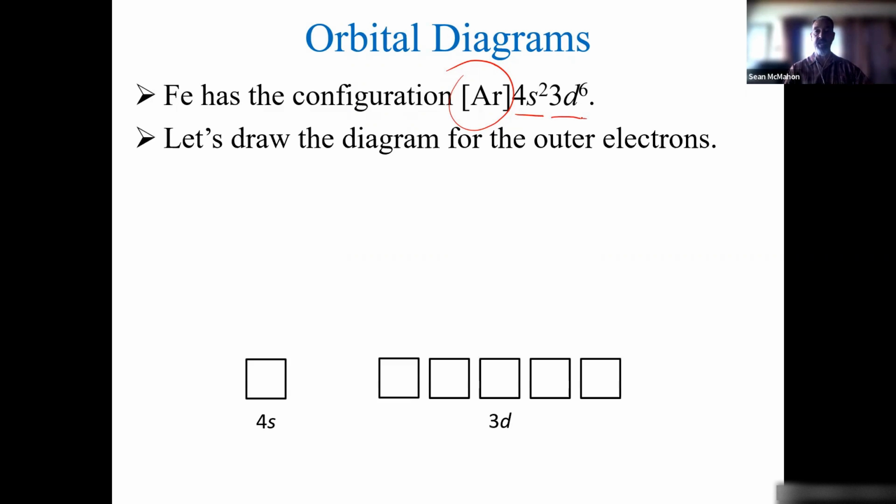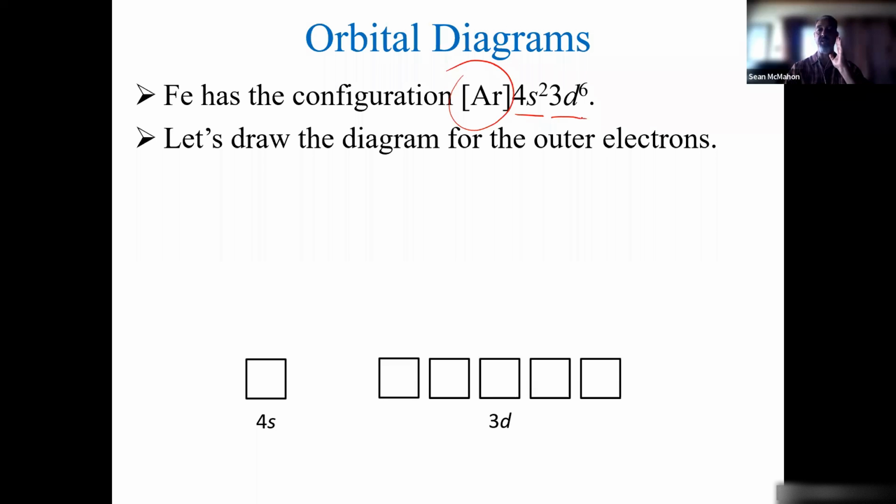So how are we going to do that? 4s, one box. Why? On your periodic table, the s block has only two positions. Two electrons can go on that s sublevel. Each orbital has two electrons, so if there are only two electrons in the sublevel, there's one orbital.